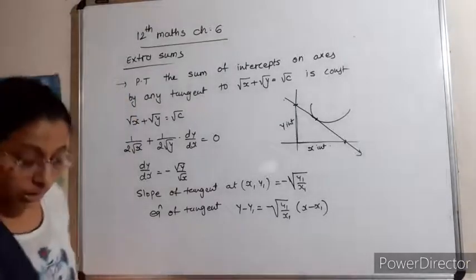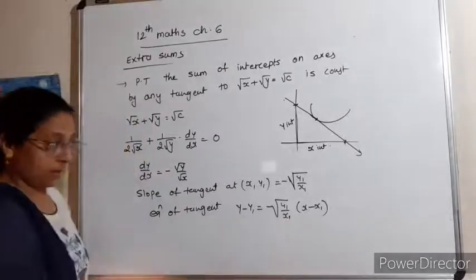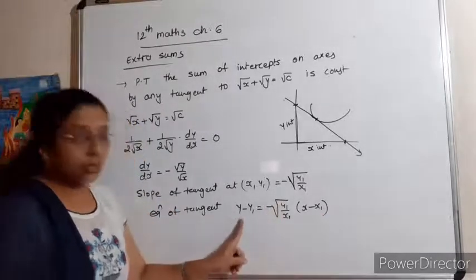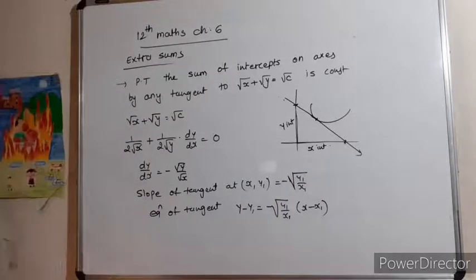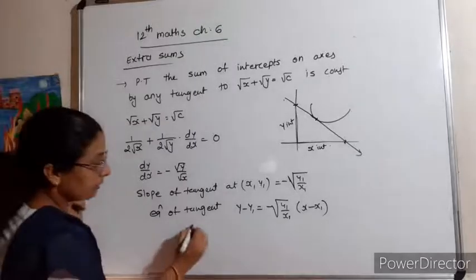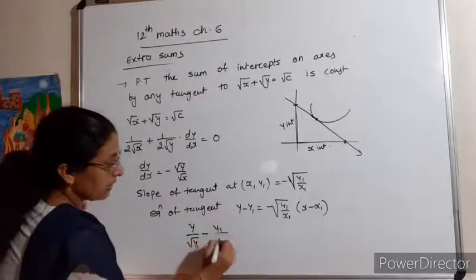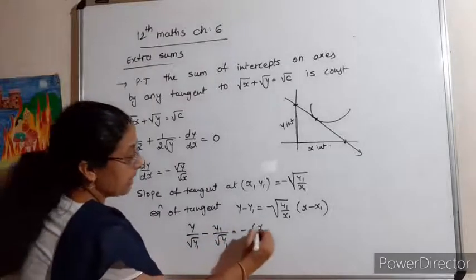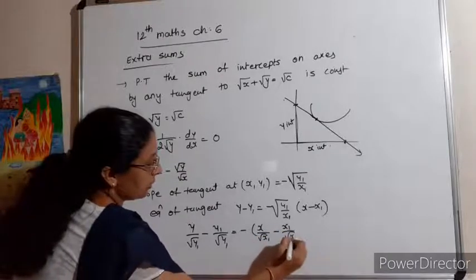Now let's simplify the equation of tangent a little. Root x1 we take in the denominator, and root y1 we take in the denominator too. So what will it be? y upon root y1 minus y1 upon root y1 equals minus x upon root x1 plus x1 upon root x1.